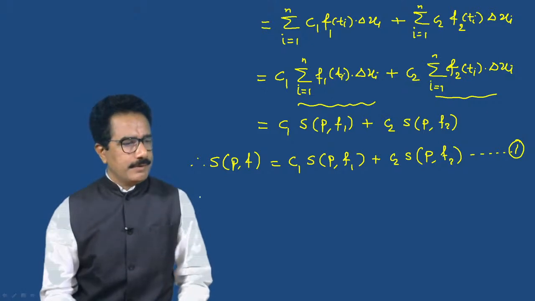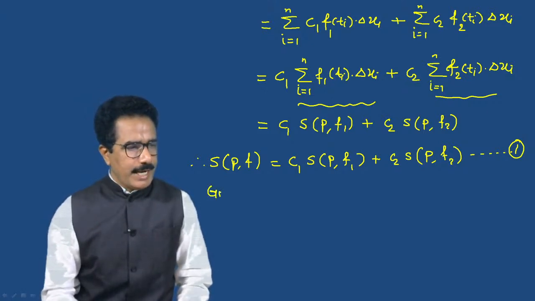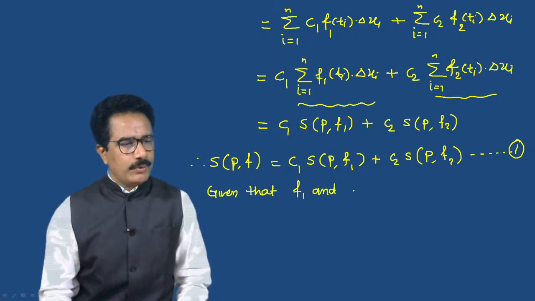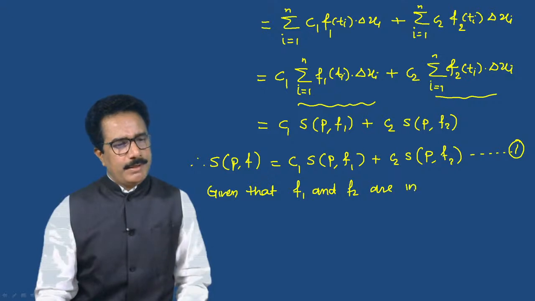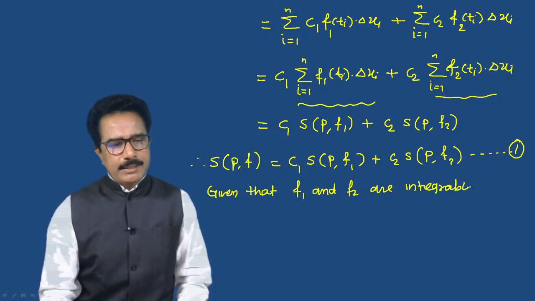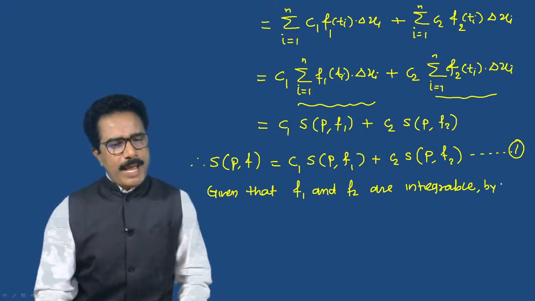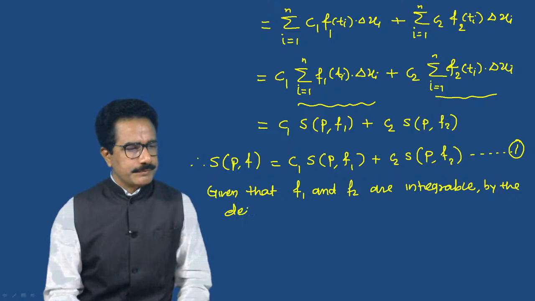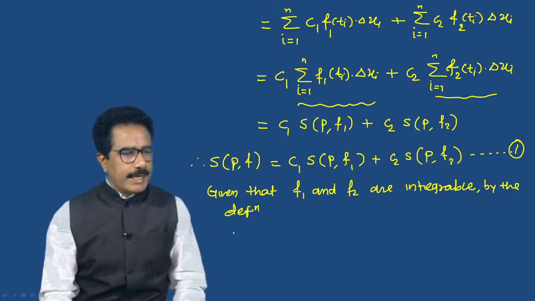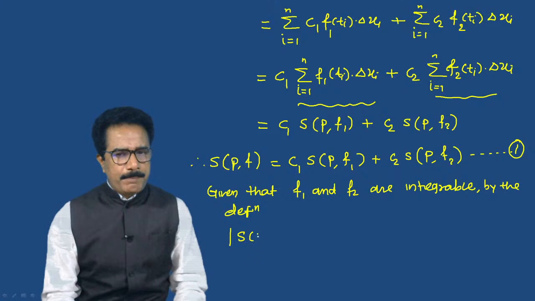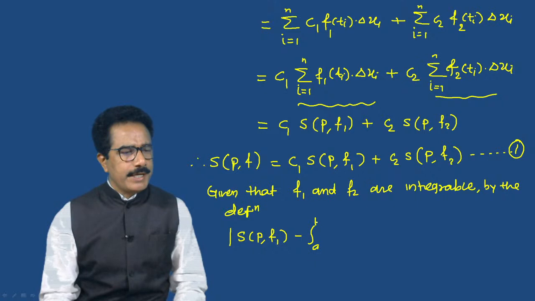Given that f1 and f2 are integrable. So according to the definition, we can write mod of S of P comma f1 minus integral from a to b f1 dx, which is less than epsilon.